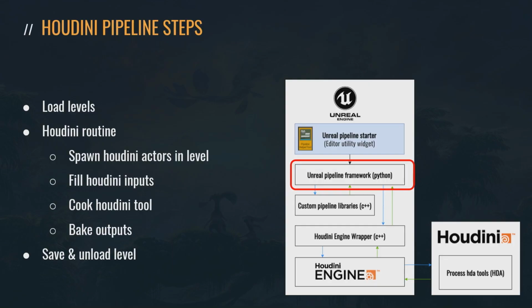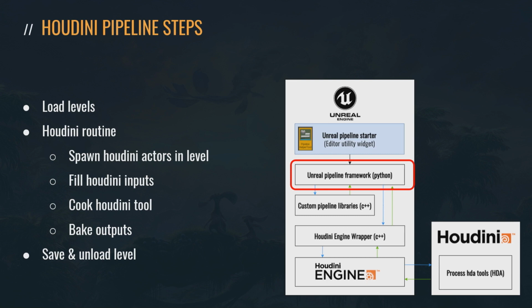Specifically, in that Unreal pipeline framework, we always have the same steps. First, we load the levels. Then we have the Houdini routine, which is really where the custom script is written. Here it's Houdini, but we could also do a nav mesh rebuild, and it would work properly. In our case, because we are speaking about Houdini, we first automatically spawn the Houdini actor inside the level.